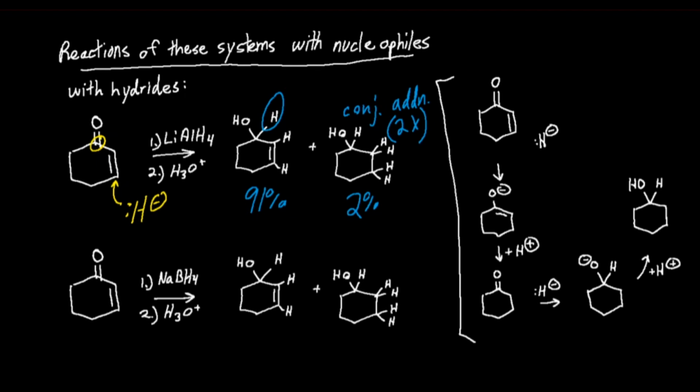So it's a little surprising maybe, or maybe not, that the hydride attacks directly at the carbonyl carbon with lithium aluminum hydride, a strong source of hydride nucleophile. With sodium borohydride, it's a little bit more mixed, 53% addition directly to the carbonyl carbon, as opposed to 37% conjugate addition, again, 2 additions of the hydride. And just for completeness, let's take a look at this mechanism.